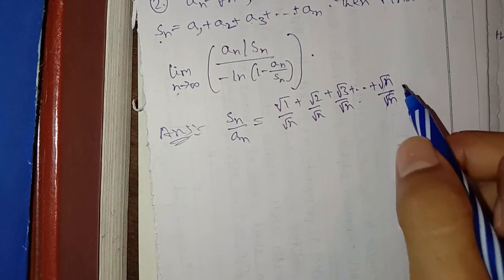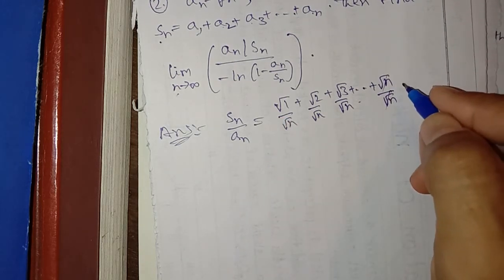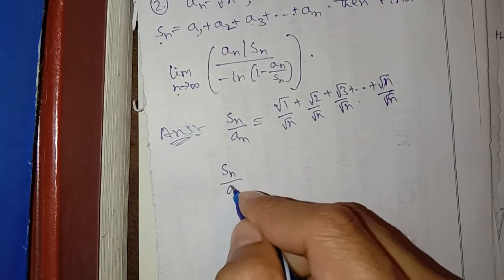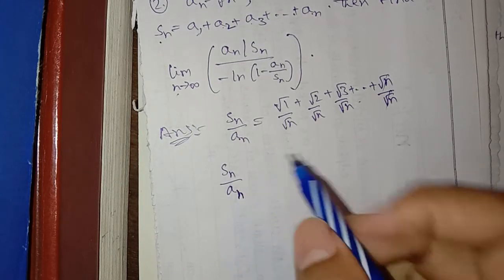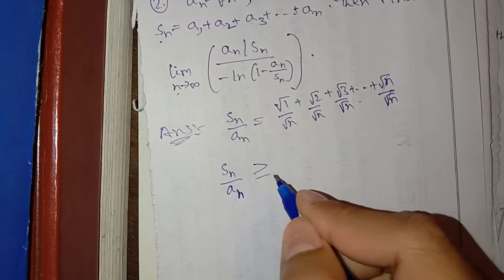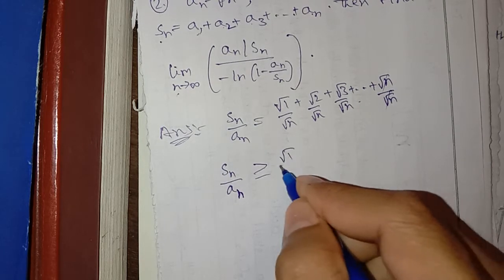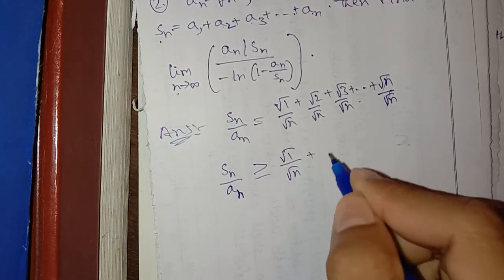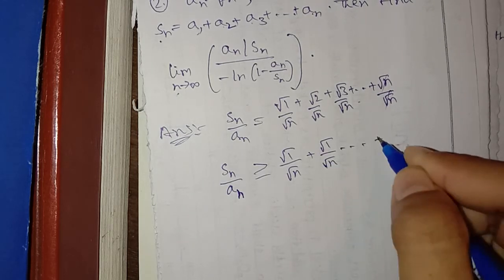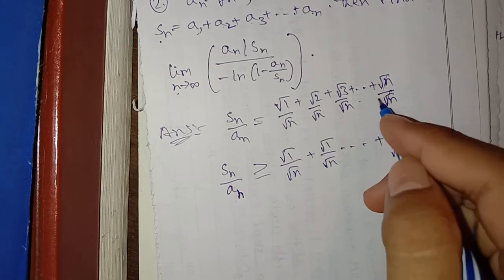So we can say that Sn by an is greater than or equal to root of 1 by root of n, plus root of 1 by root of n, up to root of 1 by root of n, n times.